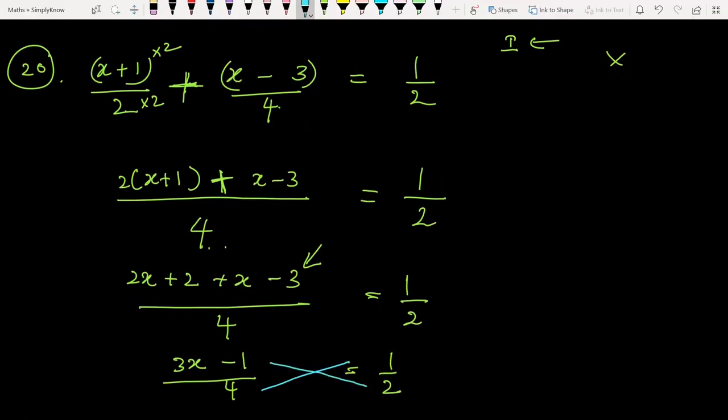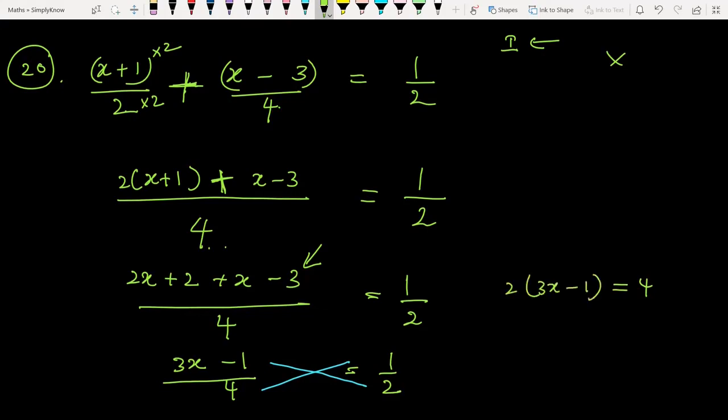So when we cross multiply, 4 times 1, it's 4 on the right side. Then 2 times 3x minus 1. This means 2 times 3x minus 1.